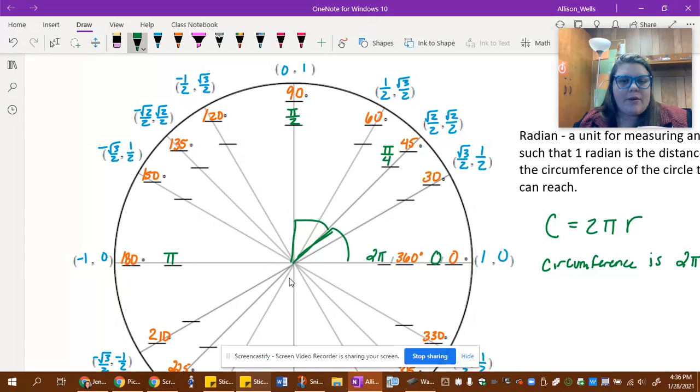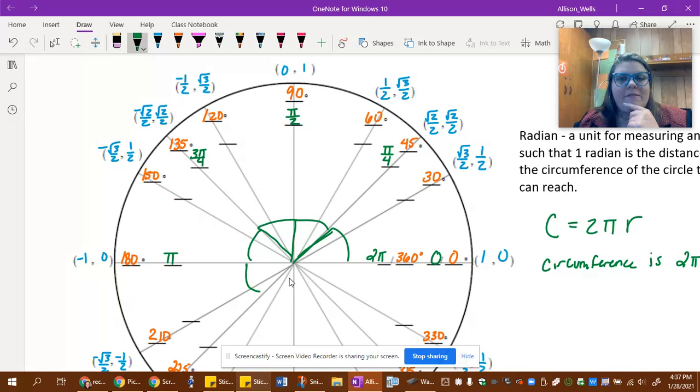So this is 1/4. 2/4, but 2 over 4 is 1/2, so that matches what we already have. Then once we have 3 wedges, that's 3/4. The next wedge would be 4/4, but 4 over 4 is 1, so that matches what we already have.